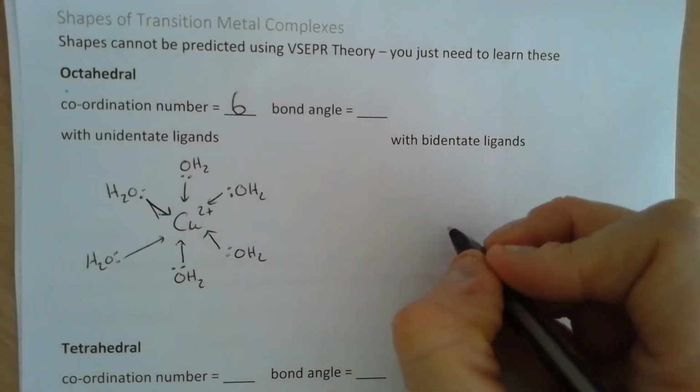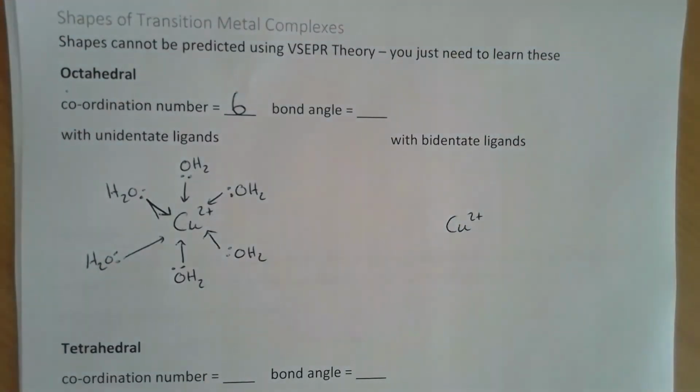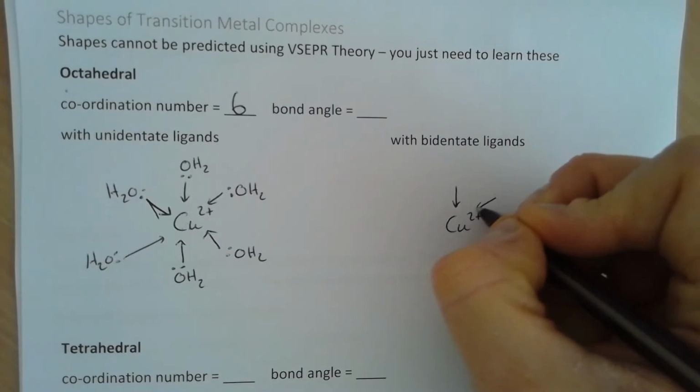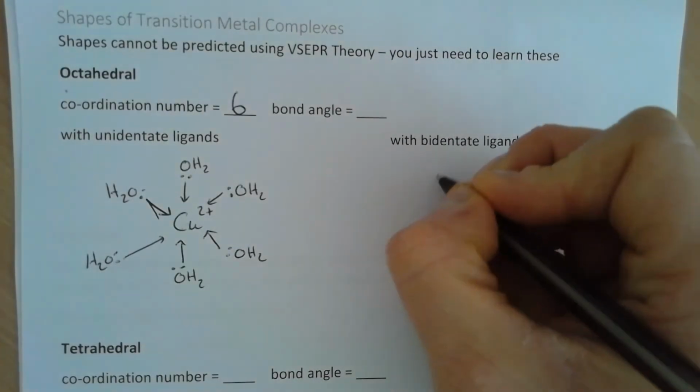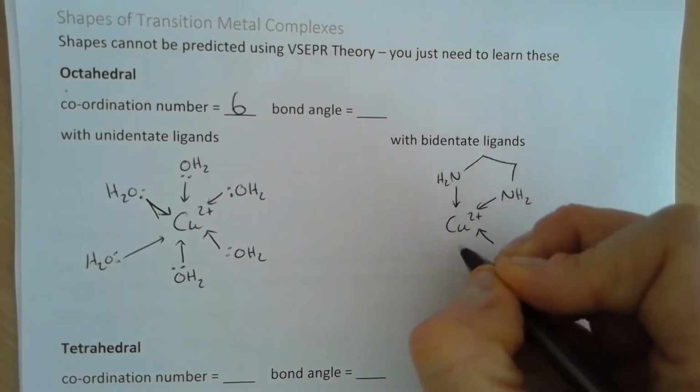We're going to deal with bidentate and multidentate ligands in a little bit more detail in future lessons. I've just included them here just so it's a sort of taster of what we're looking at, and I'm going to show this with the 1,2-diaminoethane ligand.